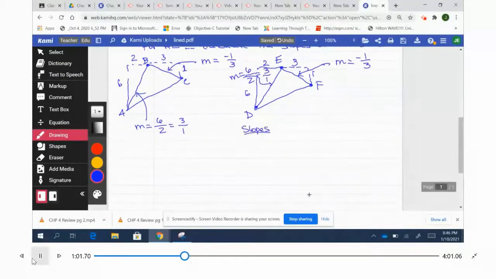That would be a slope of, I'll slow down here, negative 1/3. From B to A, you would count over 2, up 6. That would actually be a slope of 6 over 2. Rise is 6, run is 2, and technically it's moving up and to the right. Now that reduces to 3 over 1.